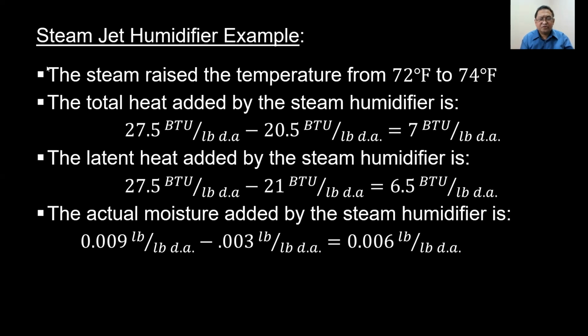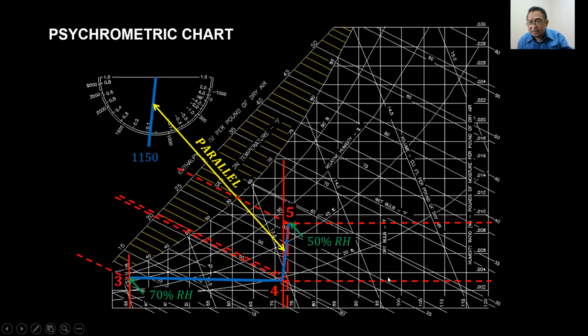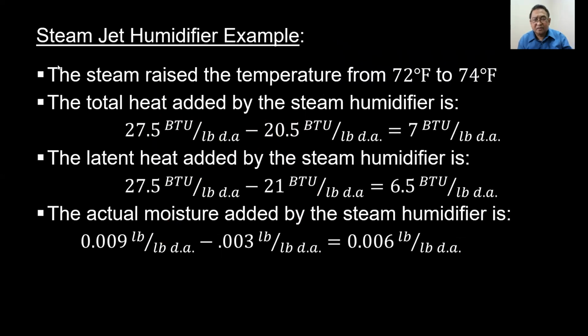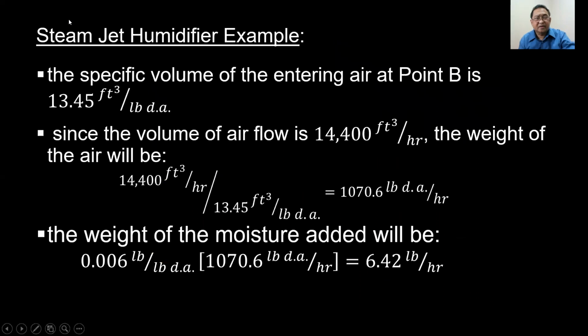So the actual moisture added by this steam humidifier is equal to 0.009 minus 0.003, and you can calculate the actual moisture added by the steam humidifier as 0.006 pounds per pound of dry air.